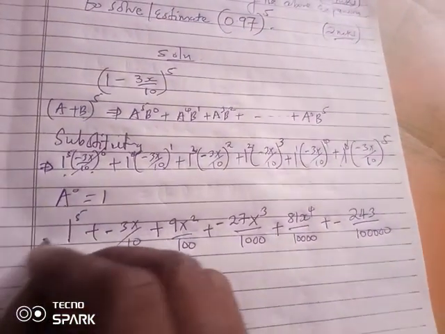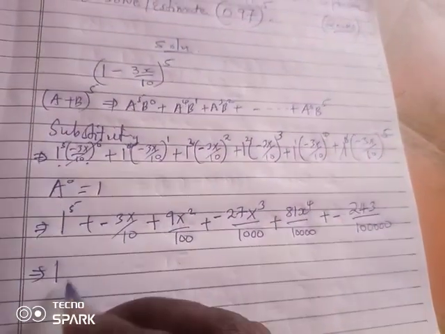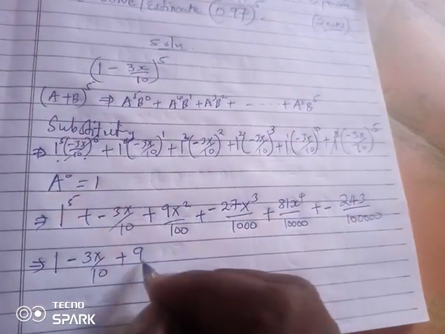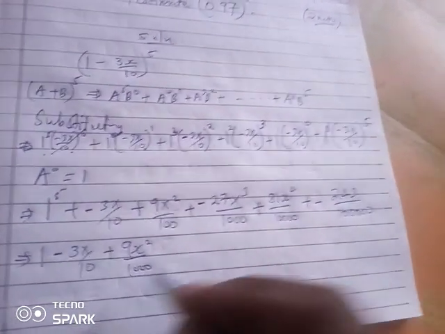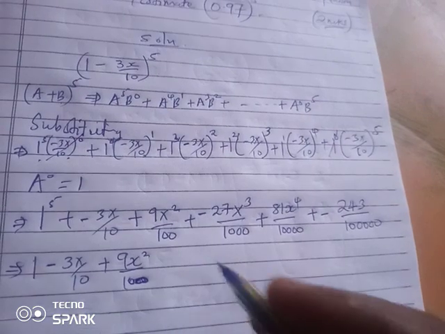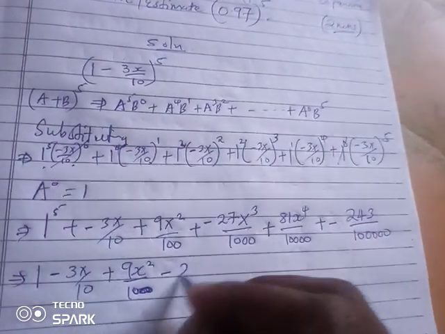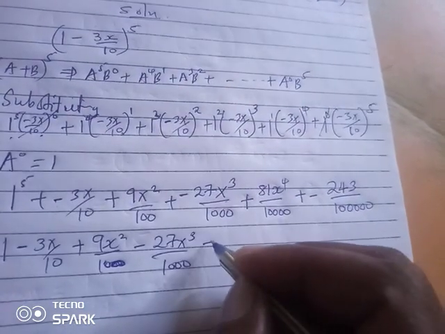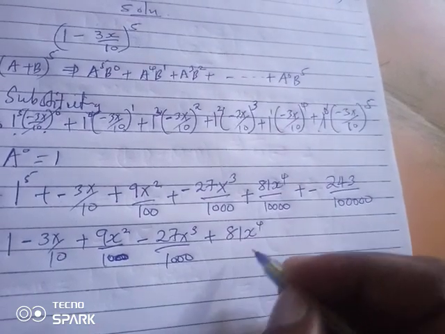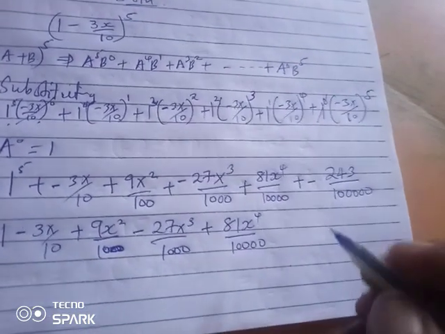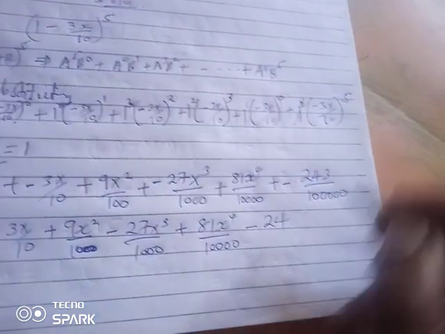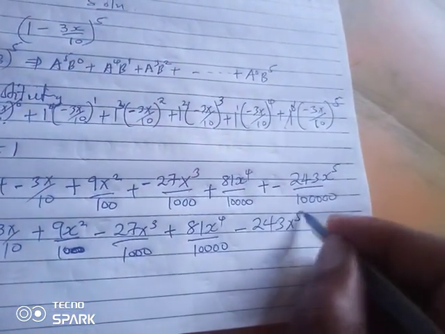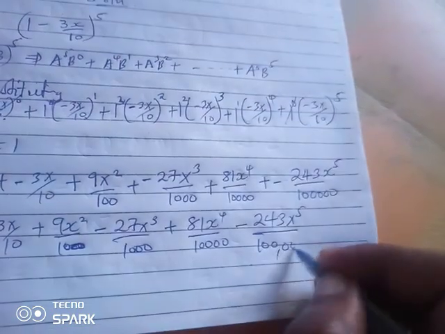So of course we shall have 1 minus 3x over 10 plus 9x squared over 100, plus minus that is 27x cubed over 1000, plus 81x power 4 all over 10,000, then minus 243x power 5 all over 100,000.